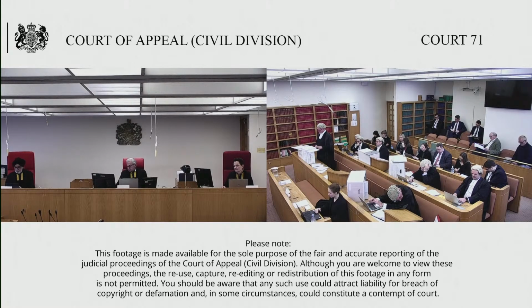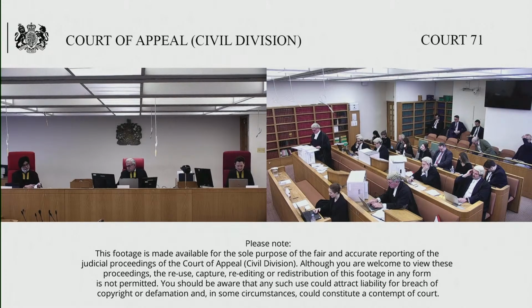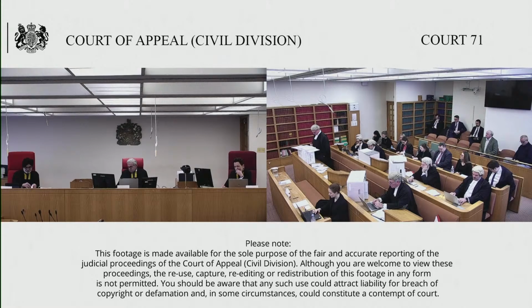Bank Mellat does not involve, or put it the other way around, Lord Carlisle does not involve some form of Damascene conversion by Lord Sumption to the view that margin is appropriate. You get the same thought in Bank Mellat at paragraph 21 in his judgment in that case, page 1410.